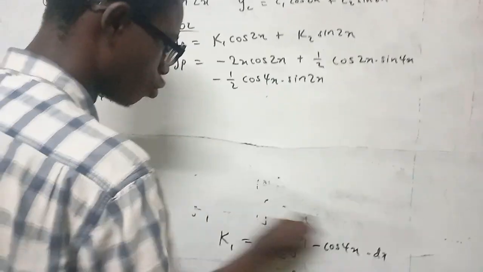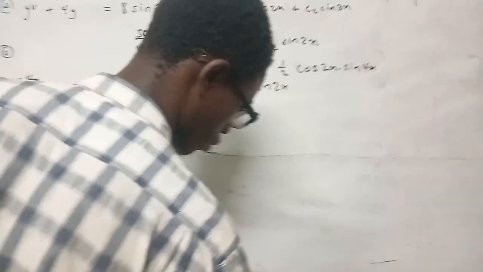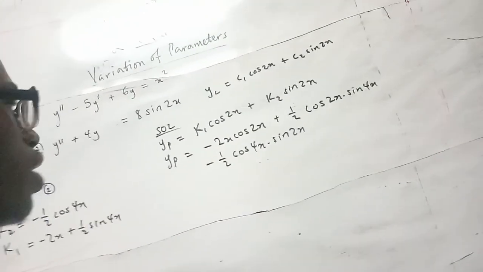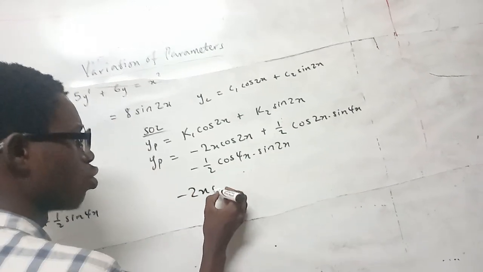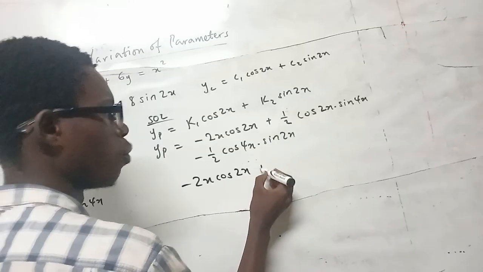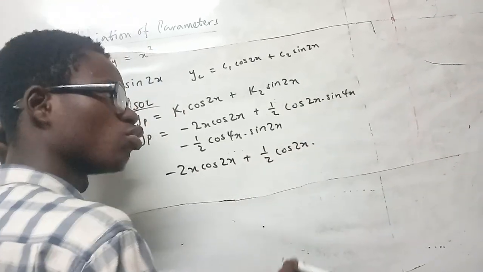So that means I have to simplify everything to be in terms of 2x. So we are going to have minus 2x cos 2x plus 1 over 2 cos 2x dot sine 4x.